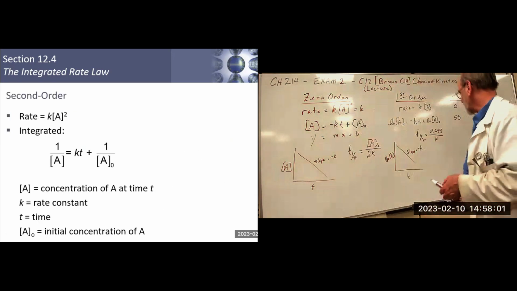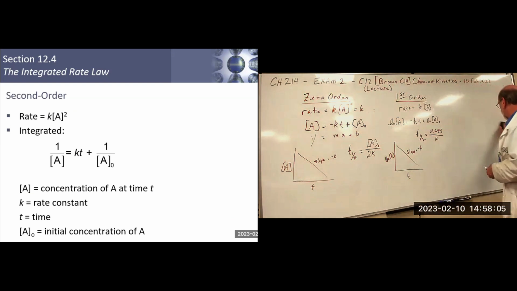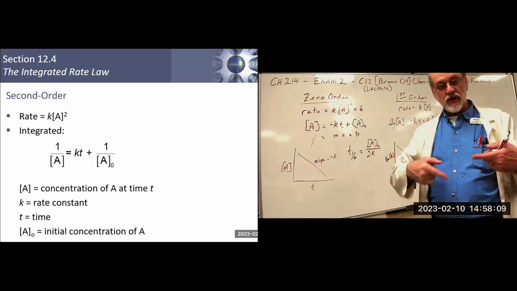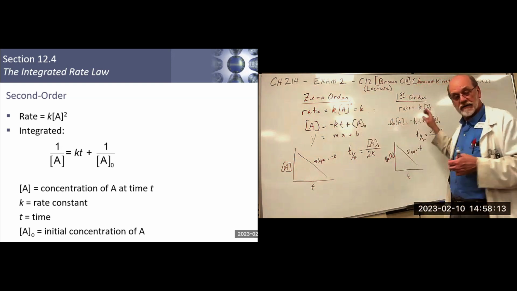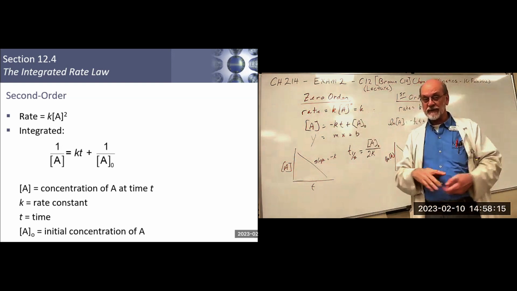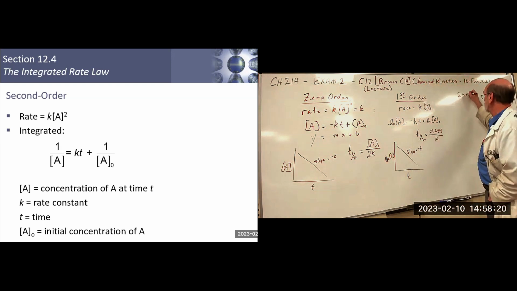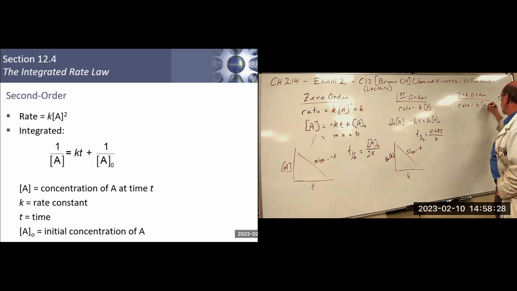Okay, now we can go to the second order. And this is the last one we're going to look at. And remember, when we're talking about orders in these terms, we're only talking about one reactant. Just one reactant for each one. Got to keep it simple in the beginning. So for second order, we have rate equals k times A squared.